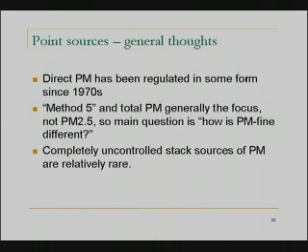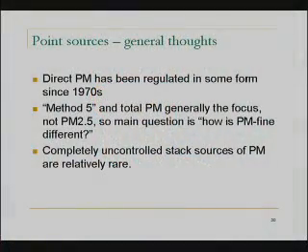So I'll start with point sources and give you a few personal observations with respect to control measures for direct PM. Direct PM has been regulated in some form since the inception of the Clean Air Act, and even before that with state programs that preceded the Clean Air Act. Historically, a lot of the early efforts on air pollution control were aimed at visible emissions and preventing smokestack obvious pollution sources.